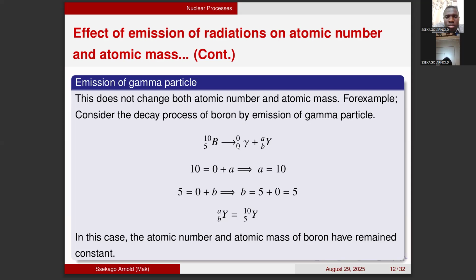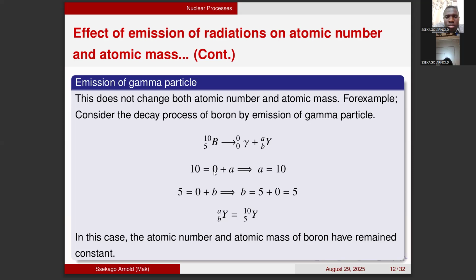So we want to know, if our boron breaks down by emitting this particle of gamma, what will happen to it? Now, up we shall be having 10 equals 0 plus A. I told you, treat this arrow as an equal sign, and making A the subject, you have 10 minus 0, implying that A will be 10.